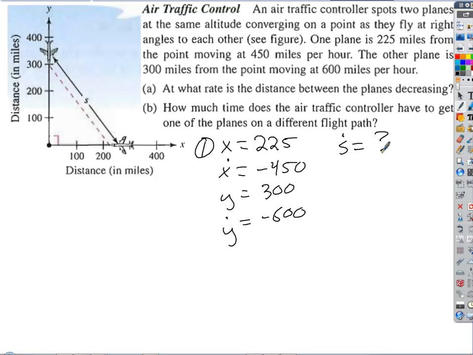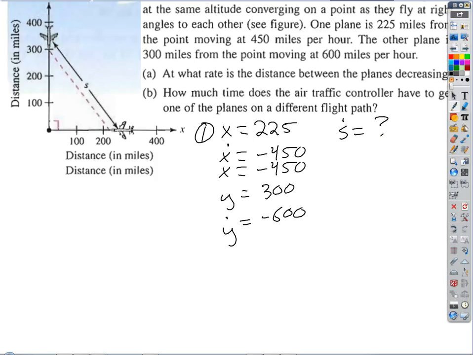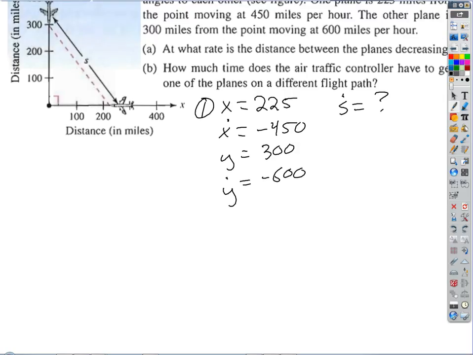Okay, what's our apparent equation? X squared plus y squared equals s squared. So differentiating, 2x x dot plus 2y y dot equals 2s s dot.